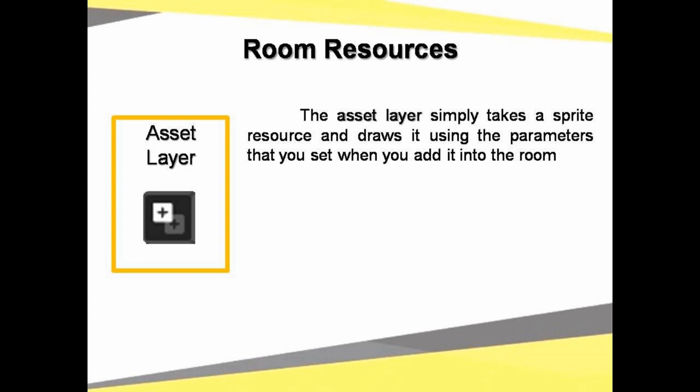Next is meron tayong asset layer. It simply takes a sprite resource and draws it using the parameters that you set when you add it into the room. So basically, ang nangyayari lang is ma-manage yung mga different sprite resources natin doon sa mismong layer. Ayun lang siya.